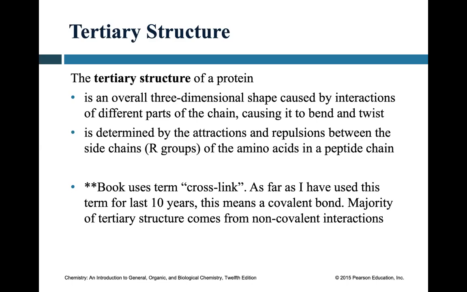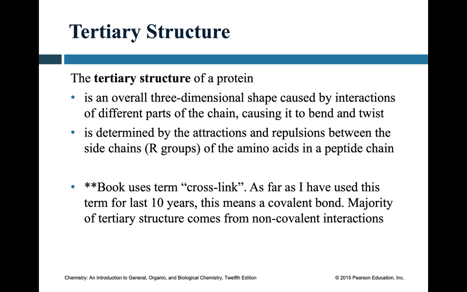One thing before going into that, and we're going to have another slide on this in a second: the book uses the term cross-linking to talk about how secondary structures come together to hold a protein together into a three-dimensional shape. I'm hesitant to use that word because I've never heard a biochemist use the word cross-link without it being a covalent bond. It's not uncommon, obviously, because disulfide bonds are covalent.